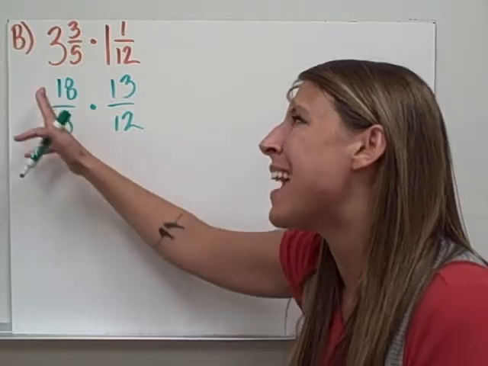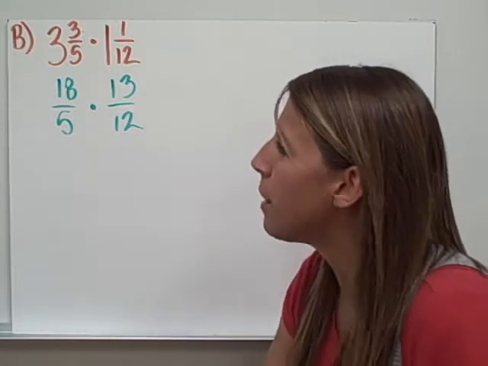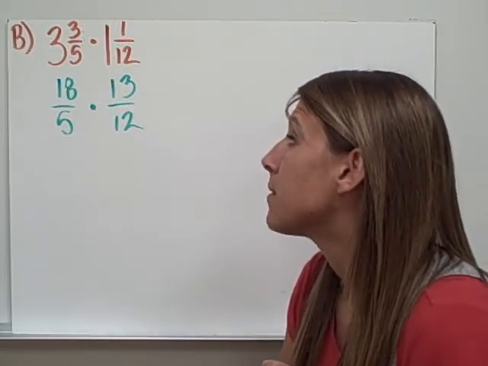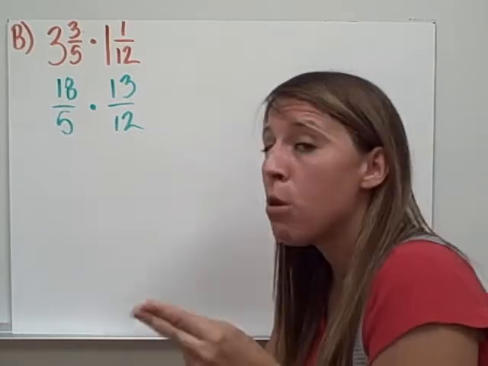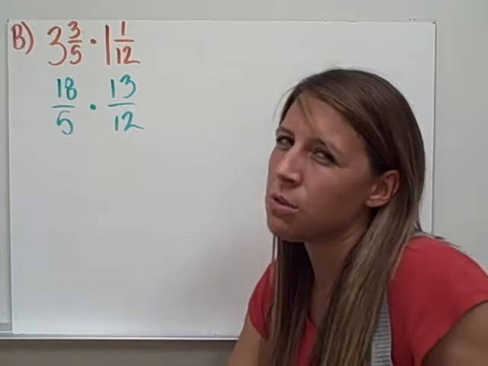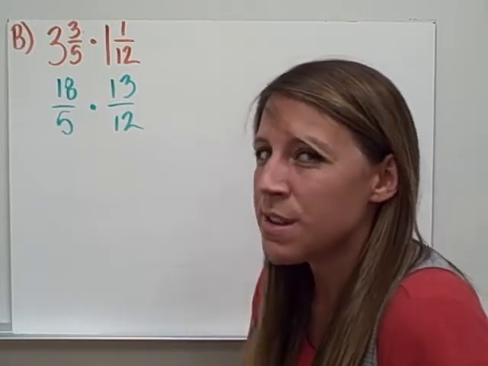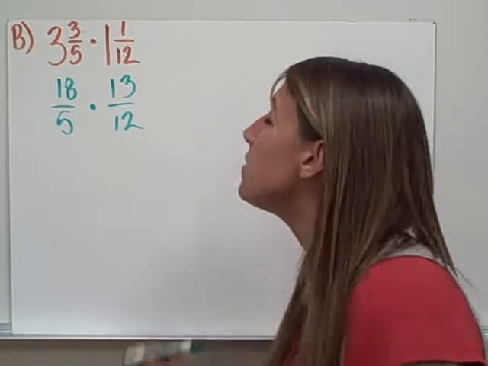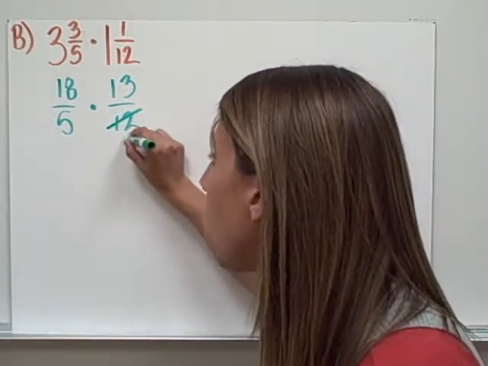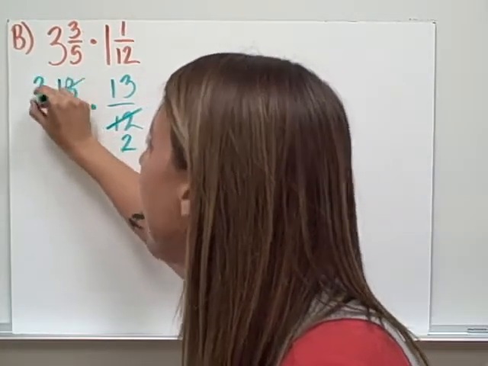But 12 and 18, first of all, they're both even, but I don't think 2 is large enough of a number. I know that 3 goes into both 12 and 18, but 2 also does, so that means that 6 must go into both, and that's going to be your greatest common factor. So 6 goes into 12 twice, and 6 also goes into 18 3 times.